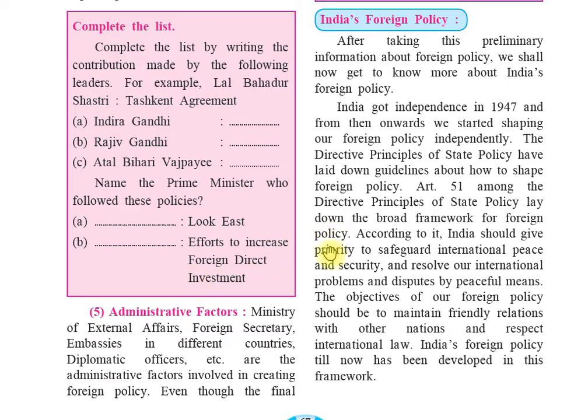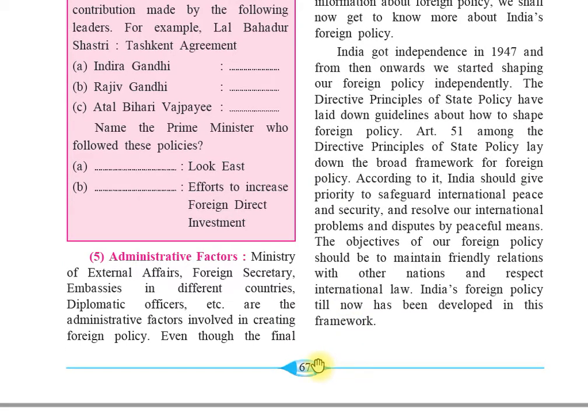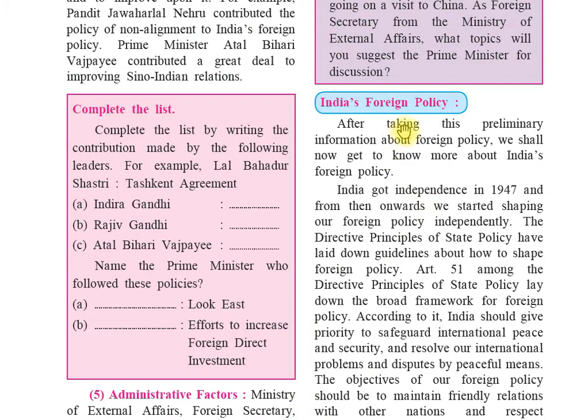Now, in your textbook, come to page number 67 and we will discuss today India's foreign policy. Now, after taking this preliminary information about foreign policy, we shall now get to know more about India's foreign policy.